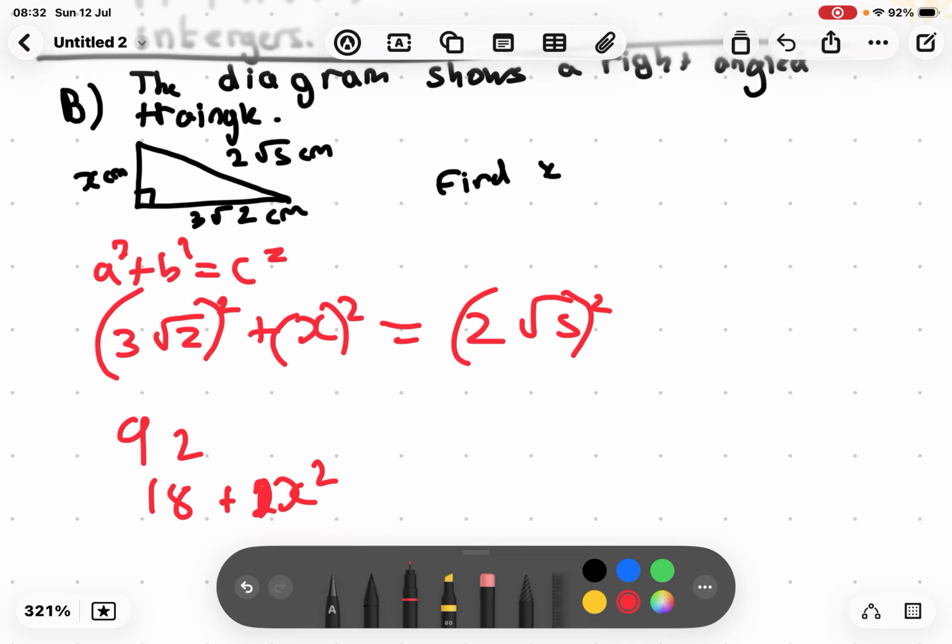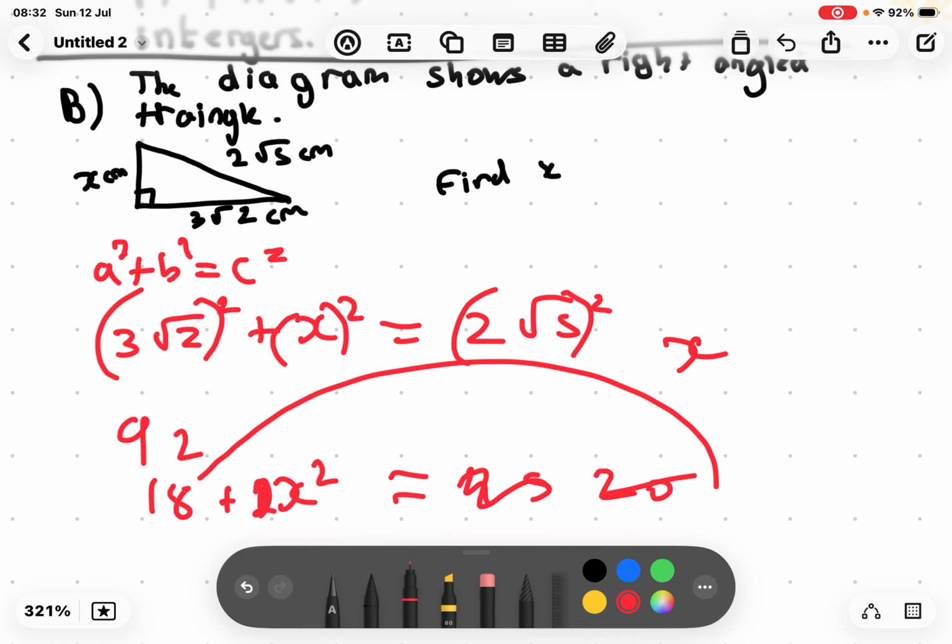No, they just leave it like that. And then 4 times 5, so 20. And so this, take away 20, so x squared equals 2. And x squared is same as 2x, so x equals 1.